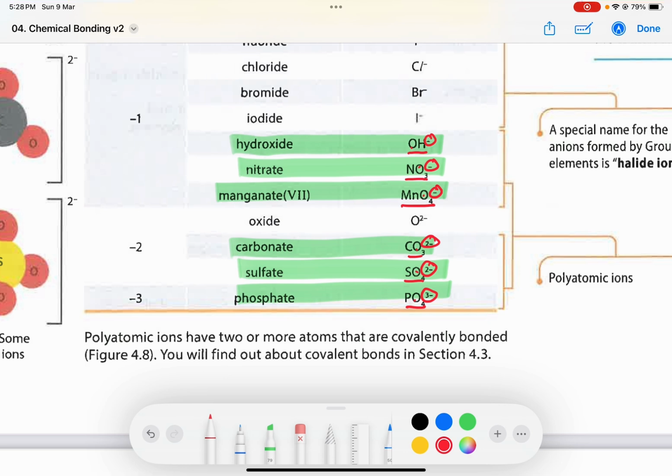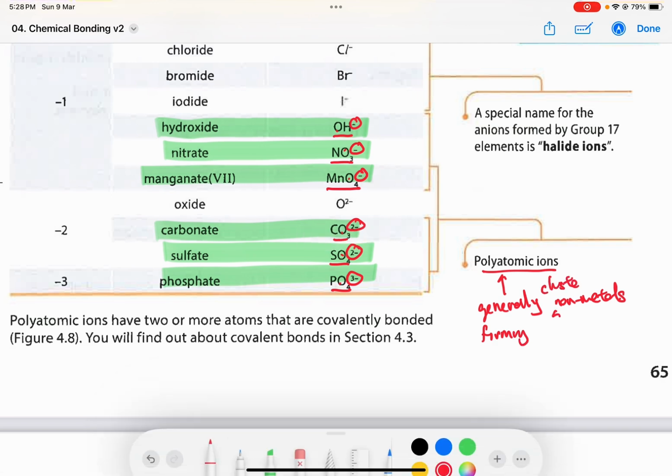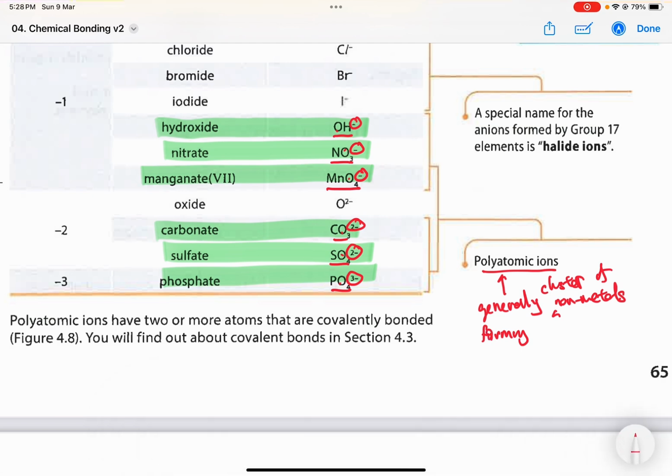Now, do take note. Once again, all of these are polyatomic ions. Polyatomic ions, you can see here, generally have a cluster of non-metals forming the ions.